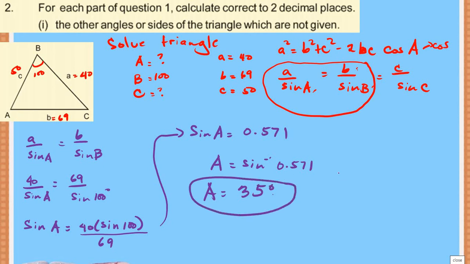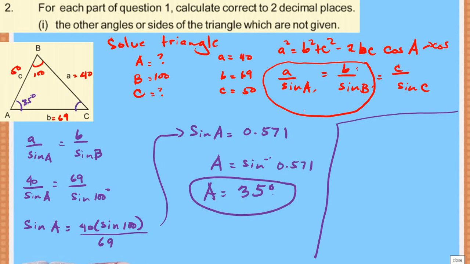Now, we're going to solve for the third angle. Now, if we know two angles, we label it here again. This is 35 degrees. If we know the three angles, we know that the total of this is 180.